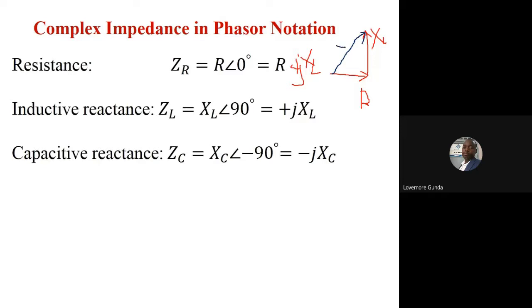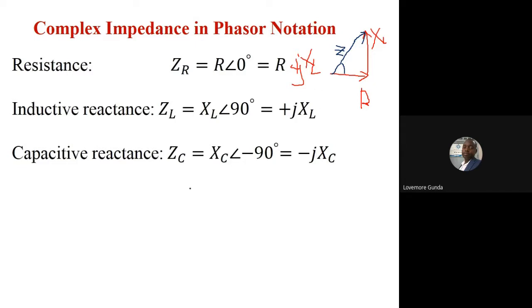Okay, so this becomes your Z. So as you can see, it's like vector addition. Okay, you are adding two vectors together. Okay, that is the only difference.